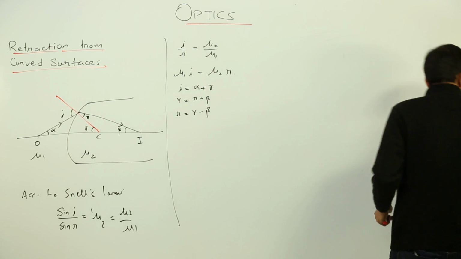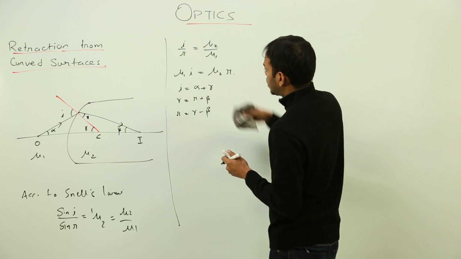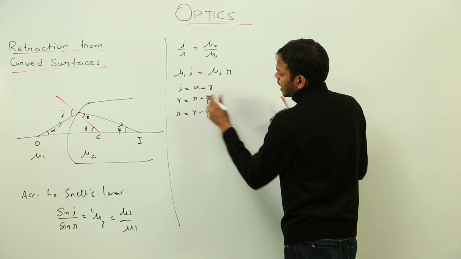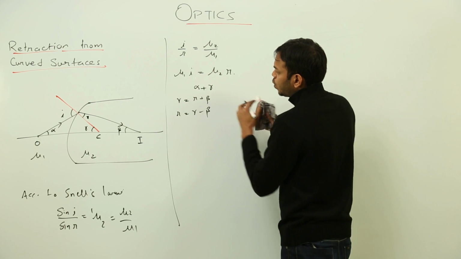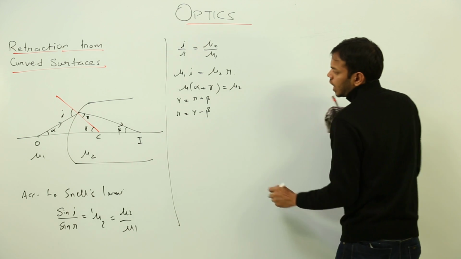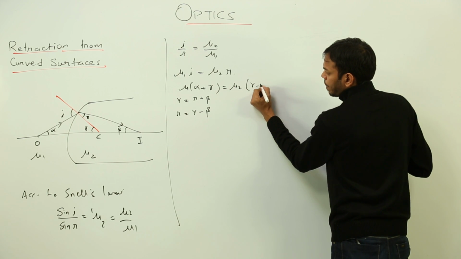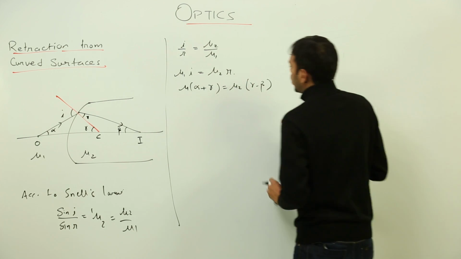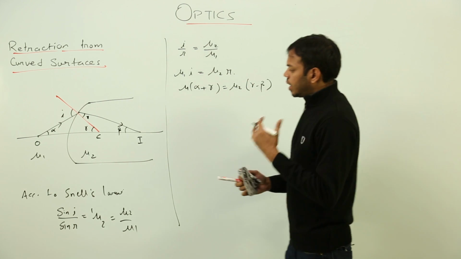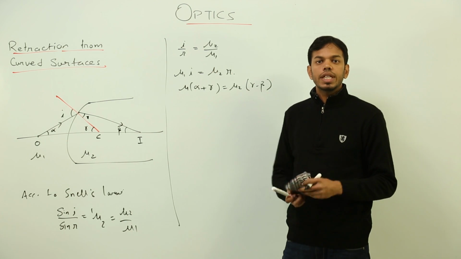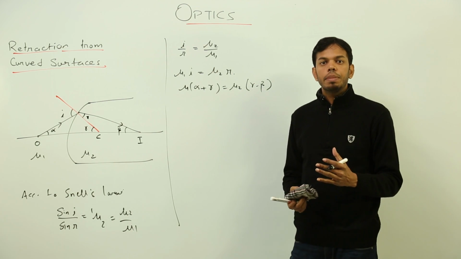Putting these two values in the top equation, I'll get mu 1 times I, that is mu 1 times alpha plus gamma, is equal to mu 2 times what is R? Gamma minus beta. Done. So moving on, the same property by which we converted sin I to I, that is when theta is small, sin theta can be written as theta.